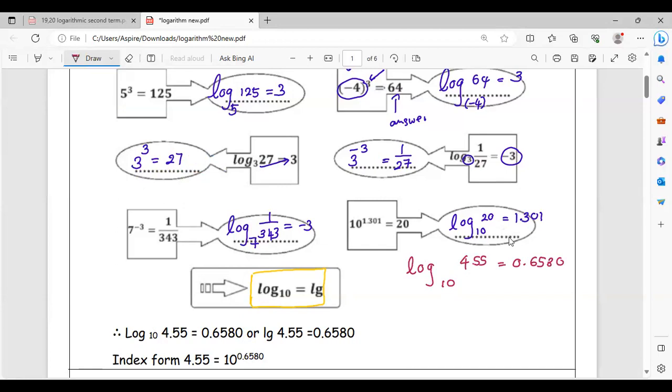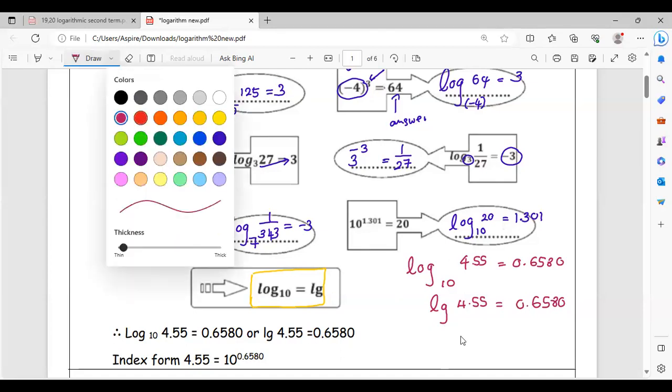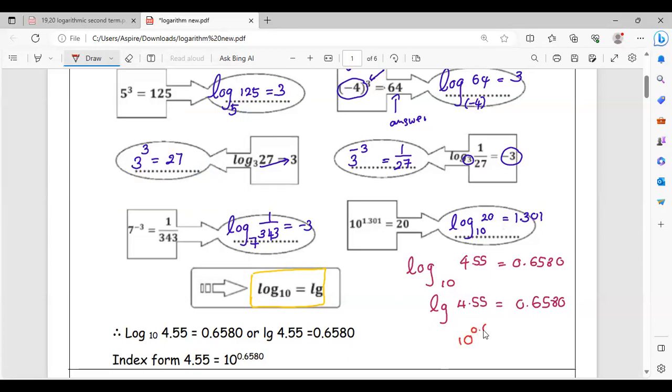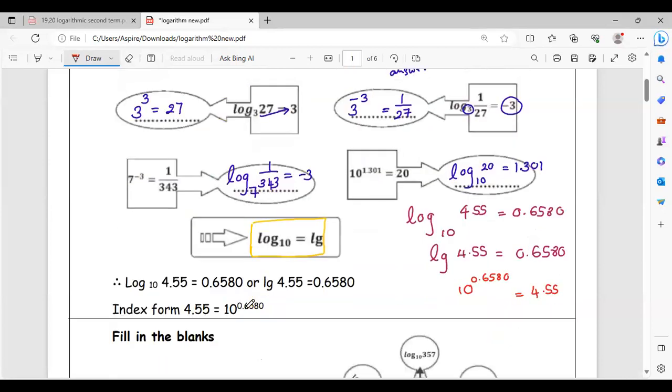Then this can be written in a concise way as LG. That means here we do not express the base. LG 4.55 is equal to 0.6580. If you need to express this in index form, it is written as 10 to the power of 0.6580 equals 4.55. You have to remember this one.